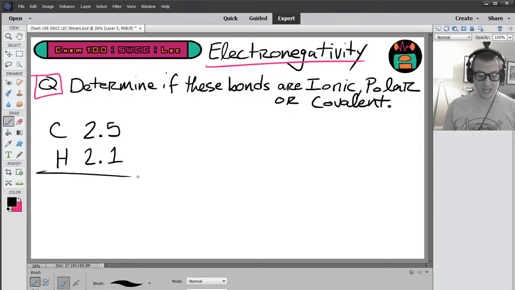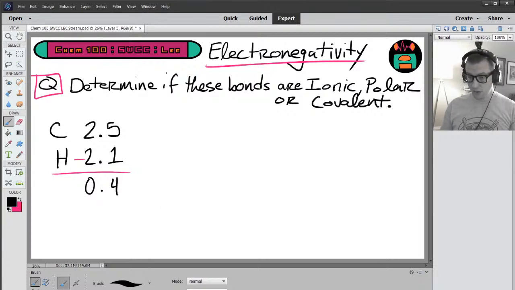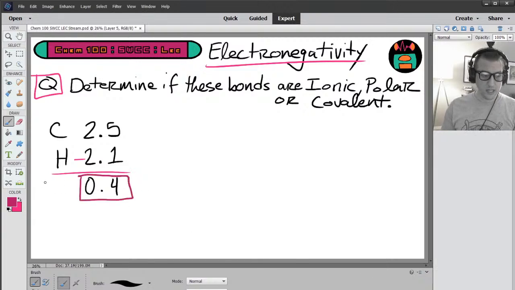So if we take the difference between them, 2.5 minus 2.1 is 0.4. This right here is the difference in electronegativity.